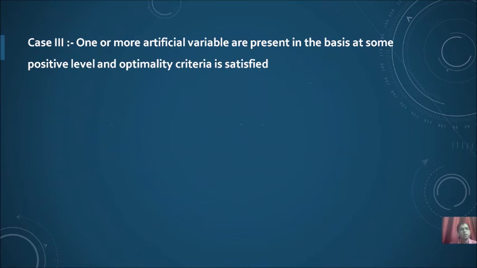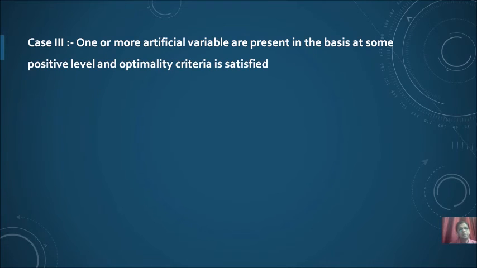Now this is a situation where one or more artificial variables are present in the basis at some positive level and optimality criteria is satisfied. That means Zj minus Cj is less than or equal to 0 for all j, but an artificial variable is present in the basis.